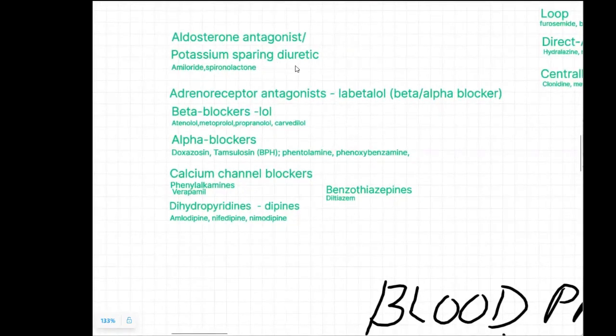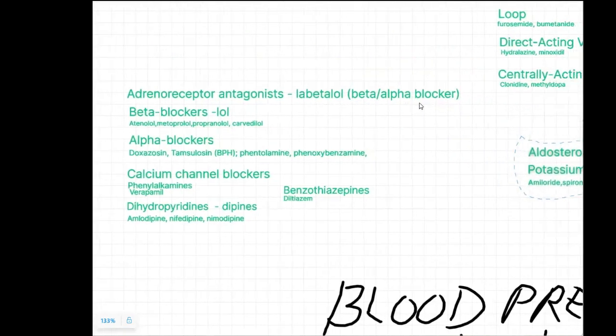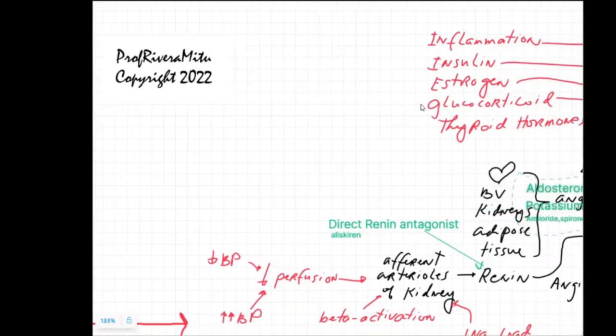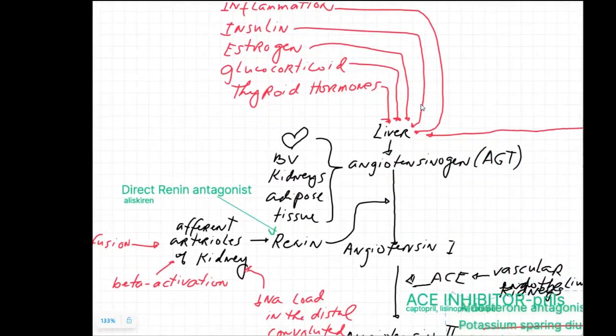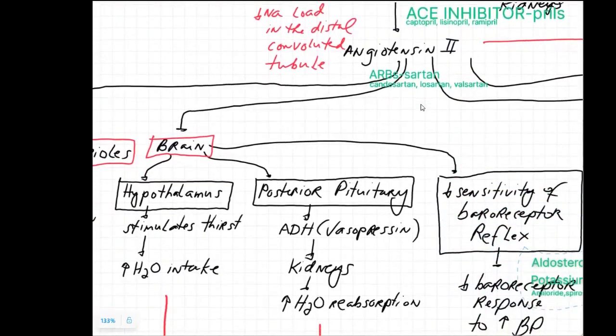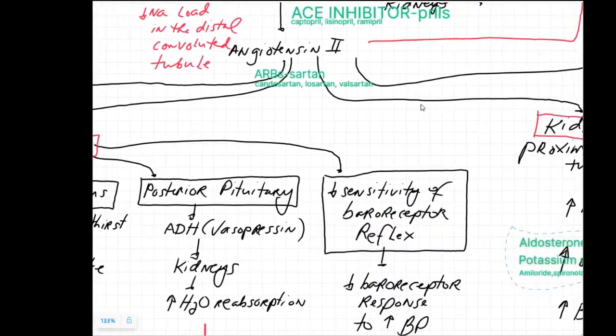So the aldosterone antagonists or aldosterone inhibitors inhibit aldosterone from being released. So let's find where aldosterone is in our map. Okay. I believe I have it somewhere here. There it is. So this is where that works.